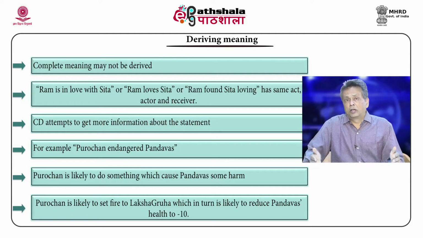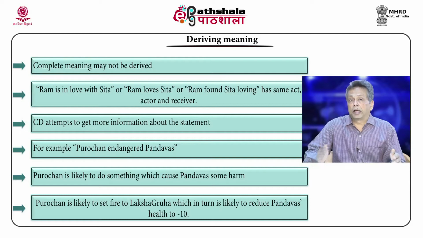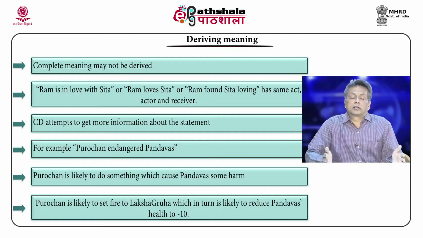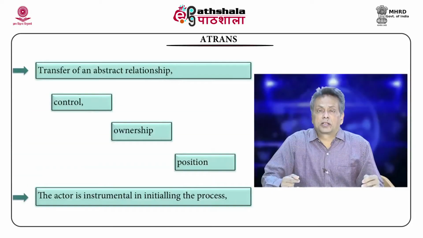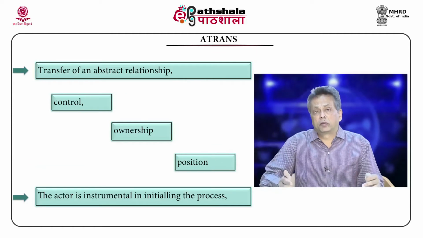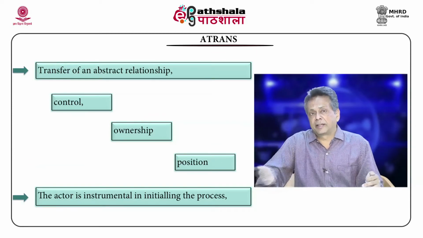You cannot. So that essence is not captured by the language; it is not a limitation of CD. CD is derived from that language, so it lacks that. If you feel that CD is not very good, the problem is actually with the language and not CD. Okay, let us start talking about the first primitive, the A-trans, abstract transfer.